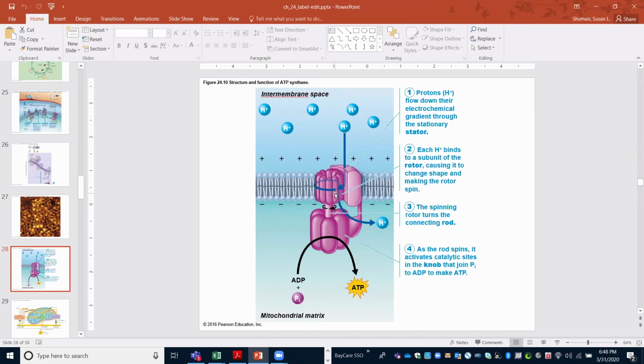The protons shoot through the center, and when they come out, they are picked up by oxygen. Oxygen is the terminal electron acceptor for these protons. It makes water. You have to have oxygen to accept the protons. Water is formed. Meanwhile, the energy that it represented has taken ADP and added a high energy phosphate bond to make ATP.